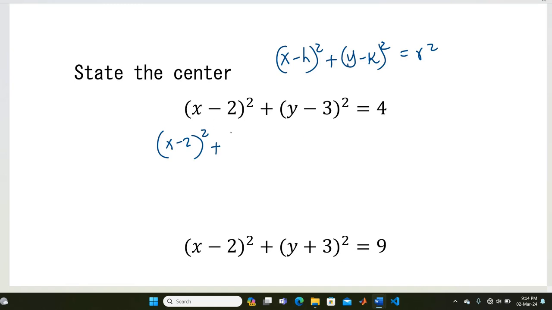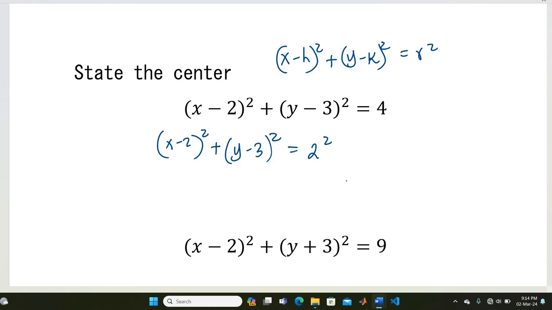So when we come to this, we have x minus 2 squared, which is okay, plus y minus 3 squared, which is okay. But now we have to play around with the right-hand side where we have 4. The square root of 4 is 2. So when we square 2, we will get back to 4. So we'll have 2 squared.